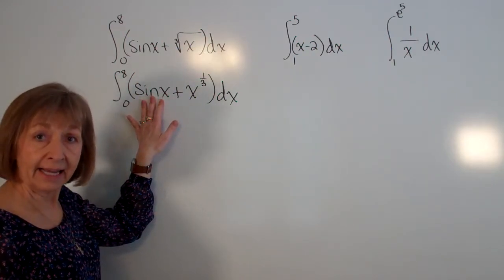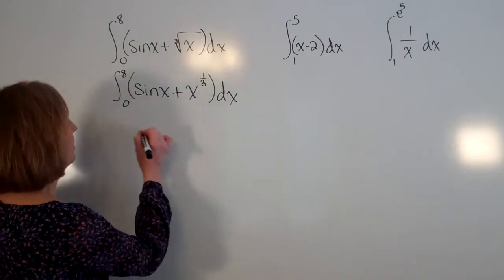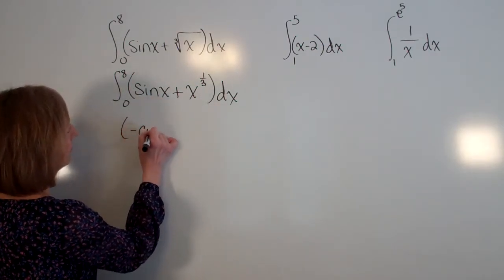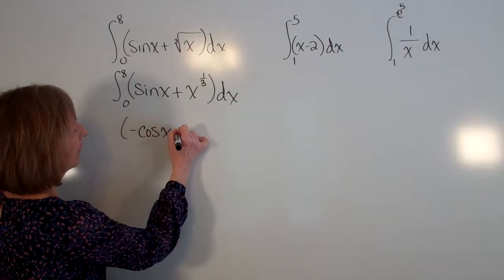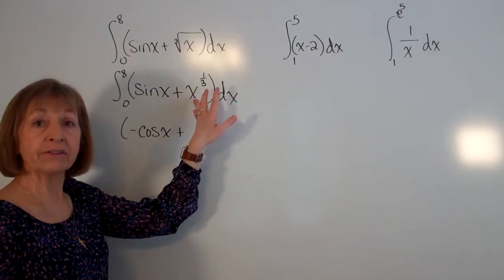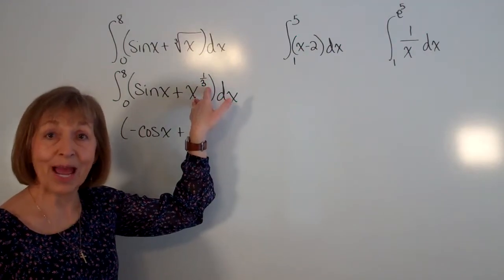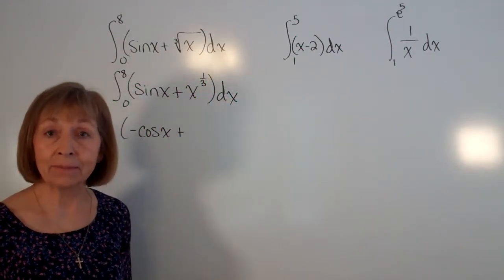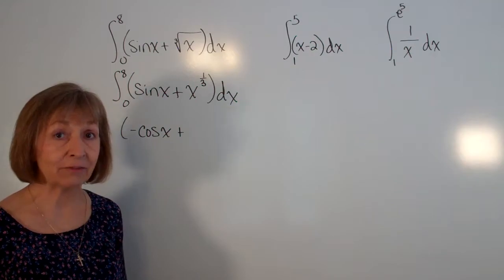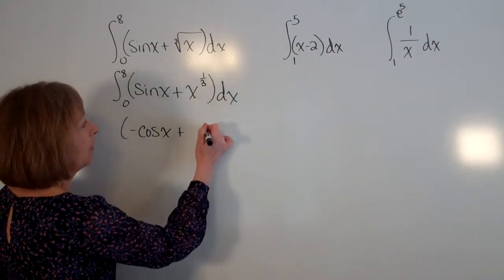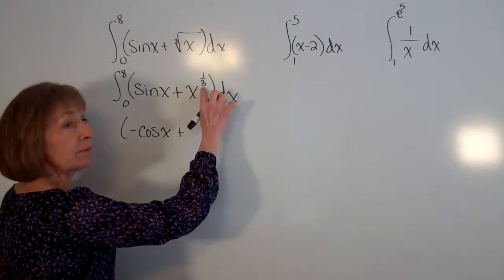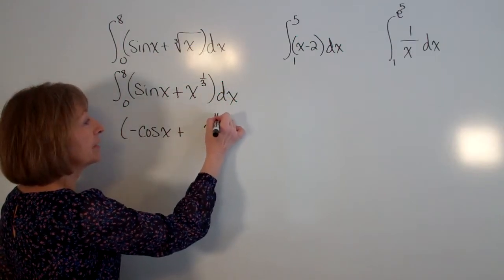An antiderivative for sine x is negative cosine x. An antiderivative for x to the 1/3 power, well, that's a variable base to a number exponent, where my number exponent isn't negative 1. So I just add 1 to that exponent. 1 plus 1/3 is 4/3.